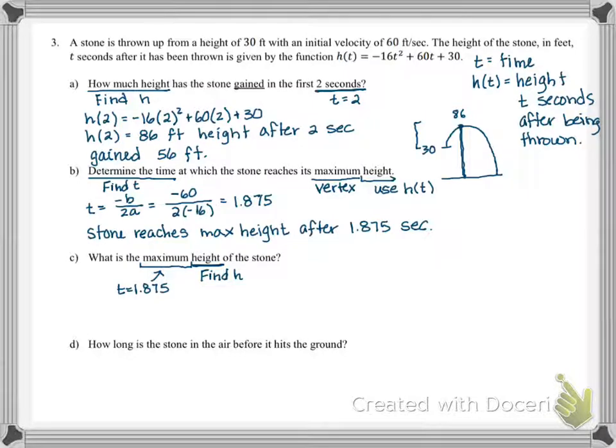So I have a t value. I want to know the height after that much time, so I'm going to use my height function and evaluate it for 1.875. So negative 16 times 1.875 squared plus 60 times 1.875 plus 30.